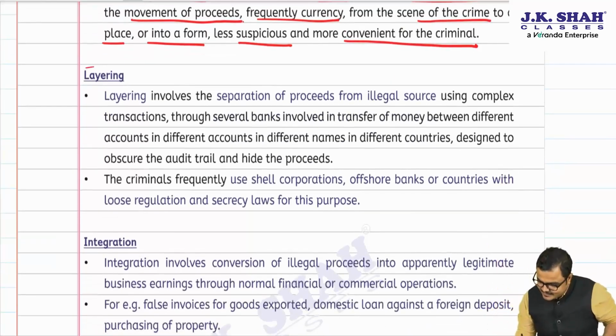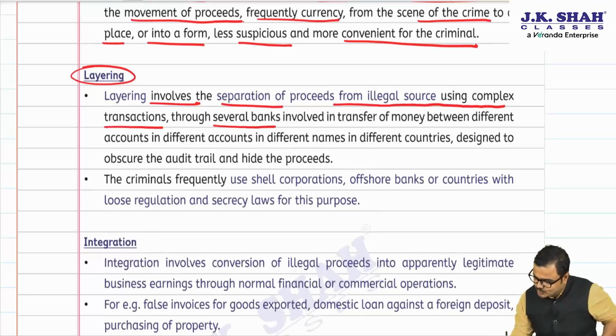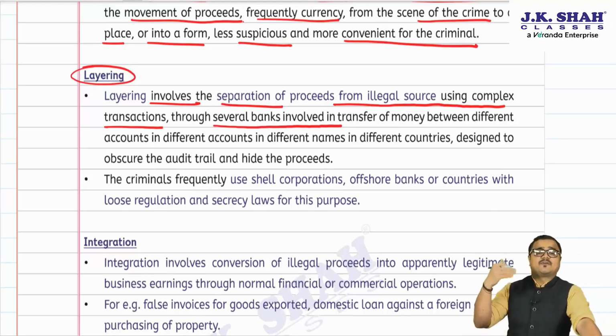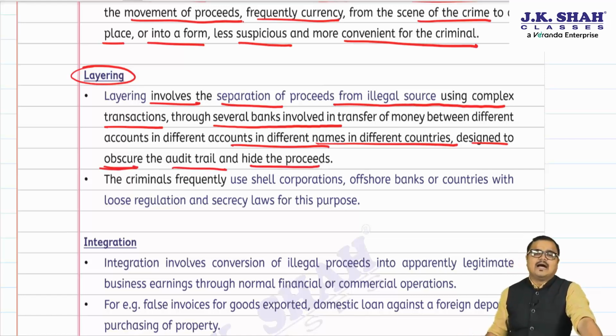Second, layering. Layering involves separation of proceeds from the illegal source by using complex transactions through several banks, transferring money between different accounts in different names in different countries. It is designed to obscure, to avoid the audit trail as well as to hide the proceeds from authorities.